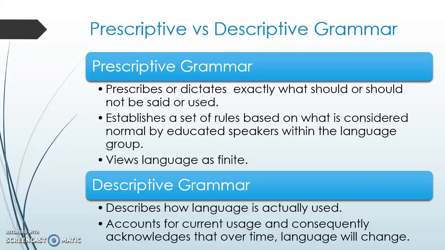There are other examples that we can think of, the use of "if I were" for the conditional. This is something that has been changing. One of these days I saw that count and non-count nouns, the definitions and the type of noun has changed a lot. And those are the effects of descriptive grammar.